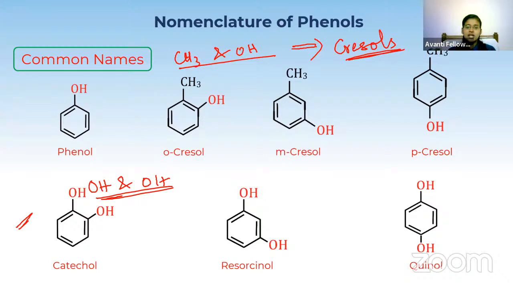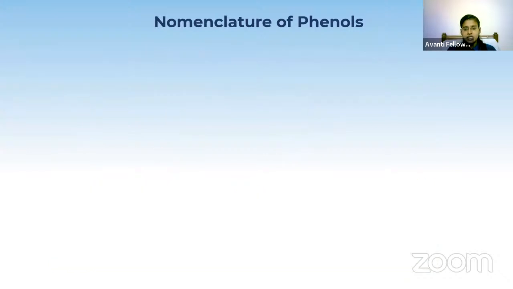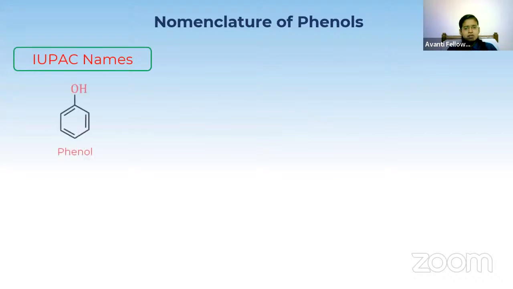So this is the common name for some of the phenols and its derivatives. Now we will go ahead with the IUPAC nomenclature of all these compounds. So for phenol, according to IUPAC also, we have to call the phenol as phenol only. C6H5OH is called phenol only. If I go for orthocresol, I cannot name this as orthocresol again, right?